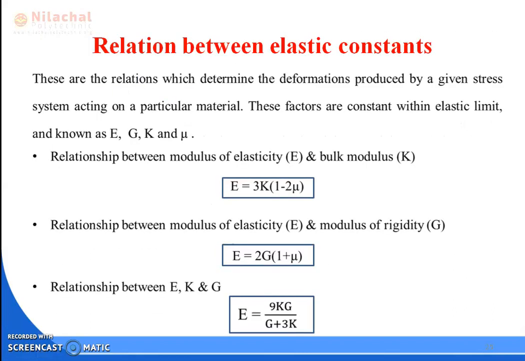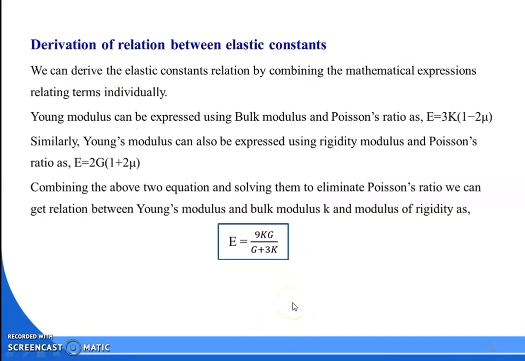One is the relation between E and K, which is this formula, and another is the relation between E and G, which is this formula. By equating this value to this value, we can get this value. Young's modulus can be expressed using bulk modulus and Poisson's ratio as this formula.